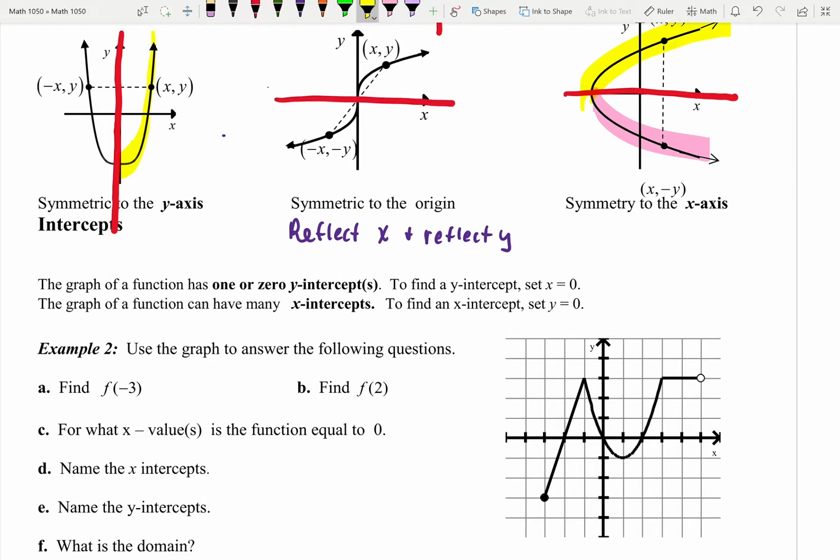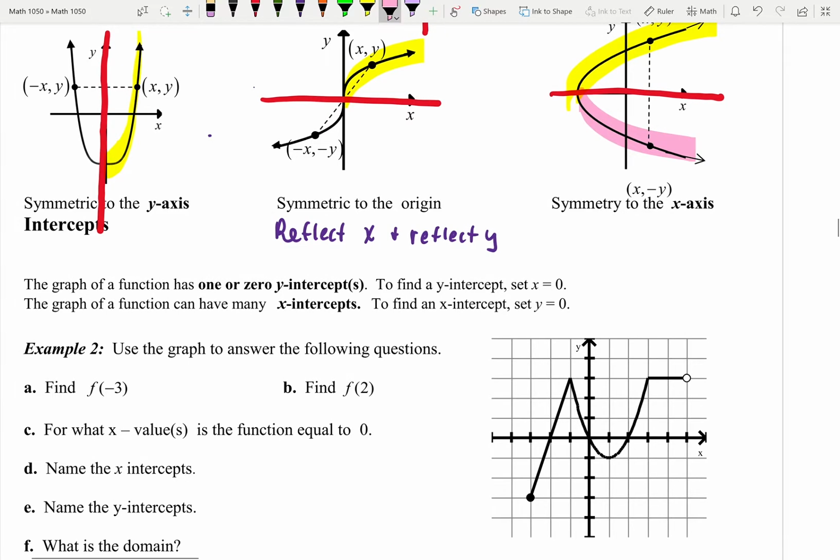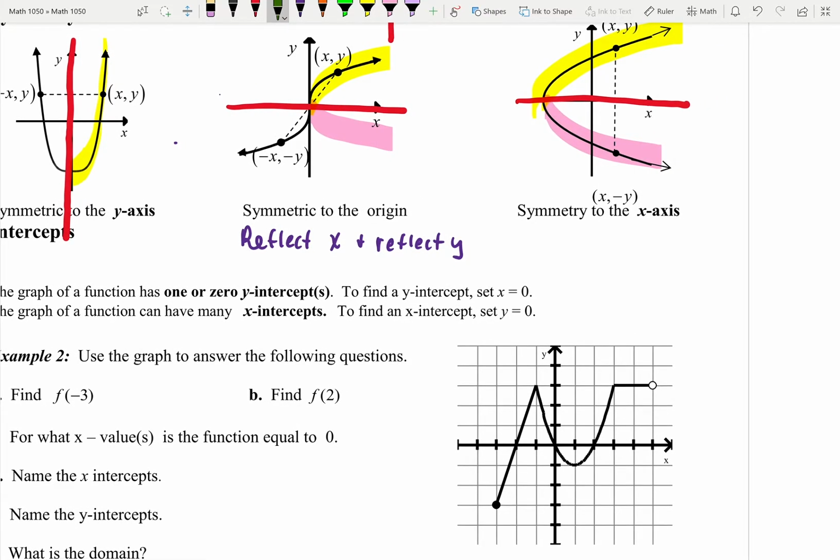Take half your graph and fold it across the x-axis. So the yellow would come down there to the pink. And then take that pink and fold it across the y-axis, which I just put in green, and it lies on top of the other half. That's symmetric across the origin.